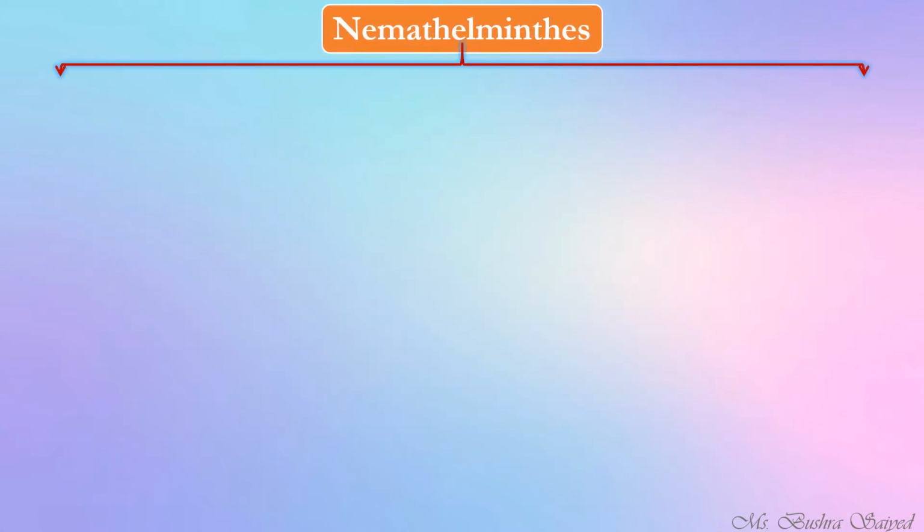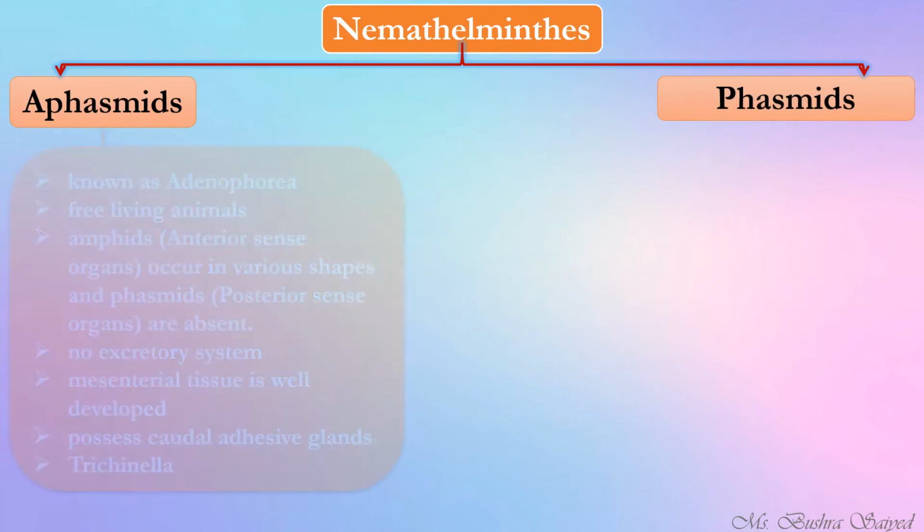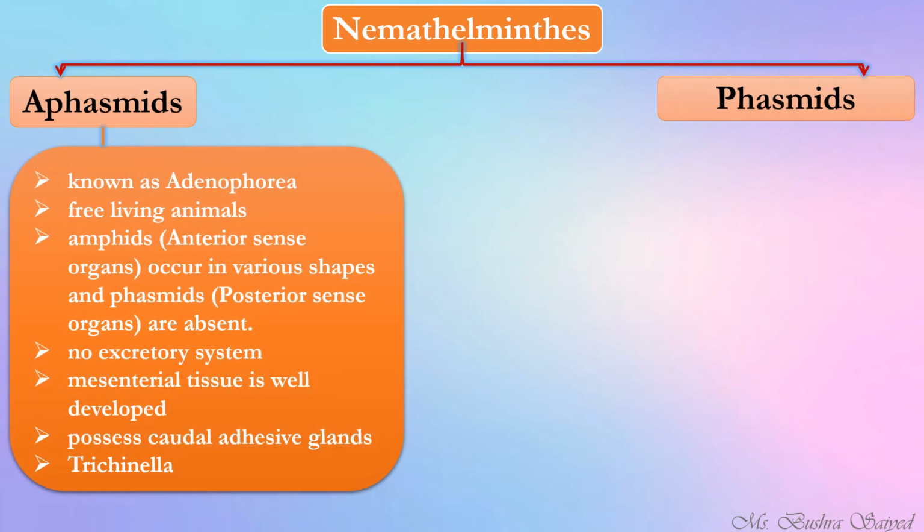So Nemathelminthes, when we talk about, it has 2 classes and we'll see the different characteristics of the classes, aphasmids and phasmids. First of all, aphasmids. At various places you will see that aphasmids are also known as Adenophorea.